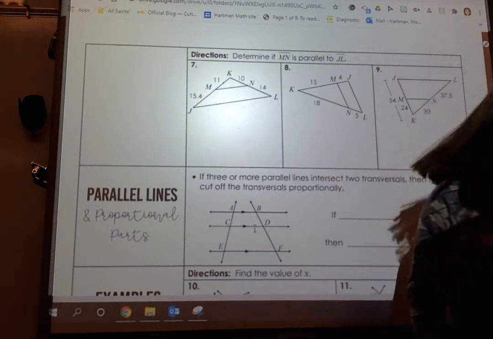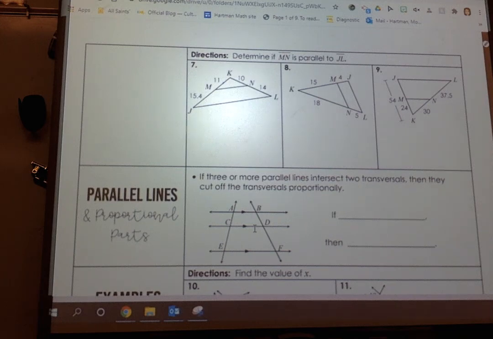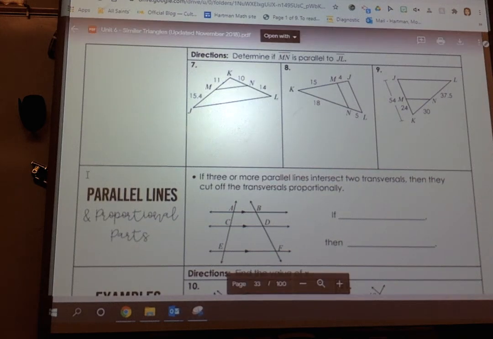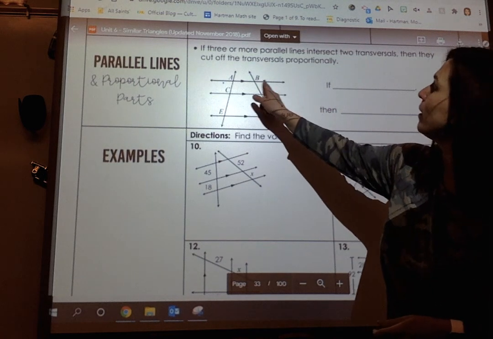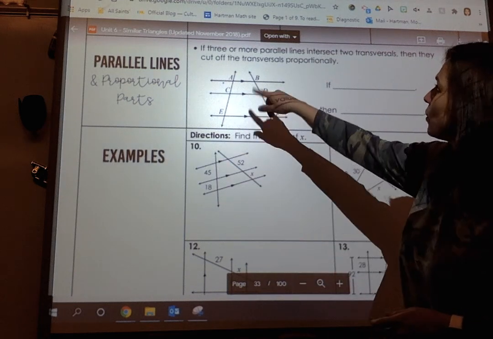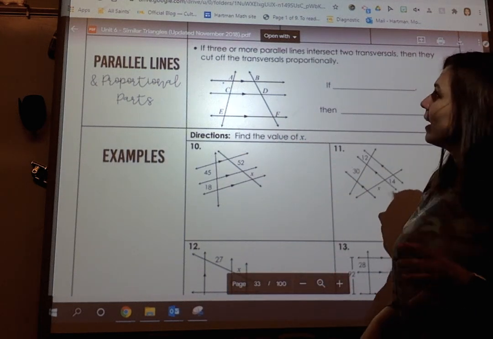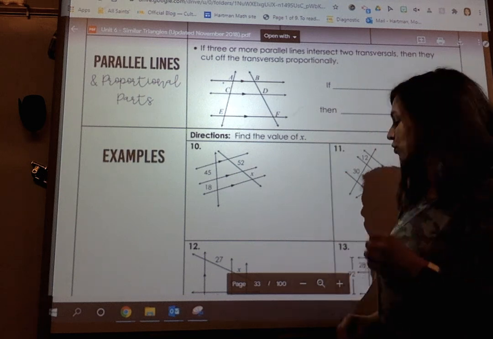Now, what happens when it doesn't form a triangle per se, but we still have parallel lines? Well, that's okay too, because if 3 or more parallel lines intersect 2 transversals, then they make the transversals proportional to each other.